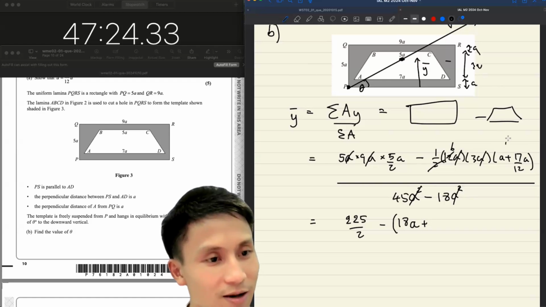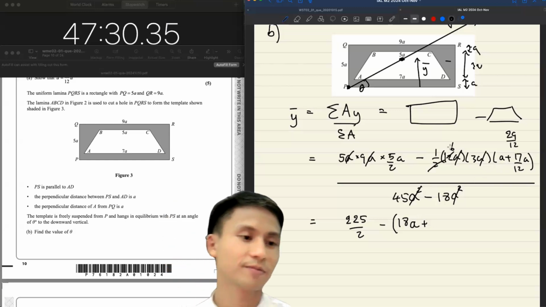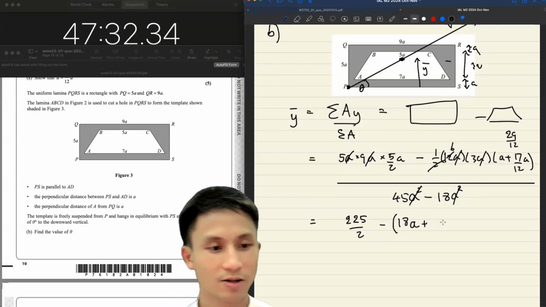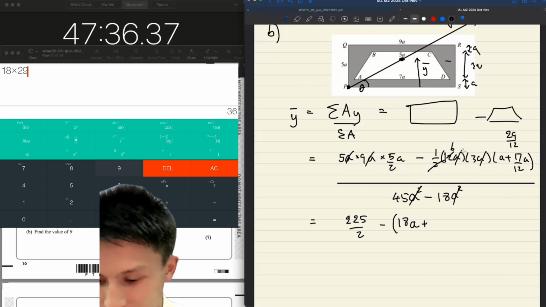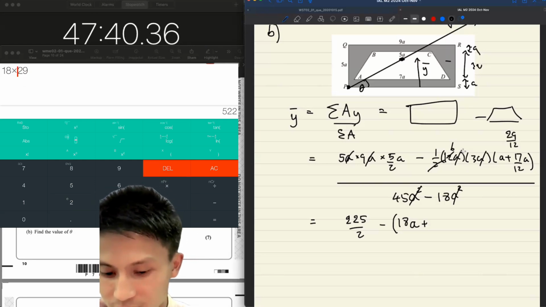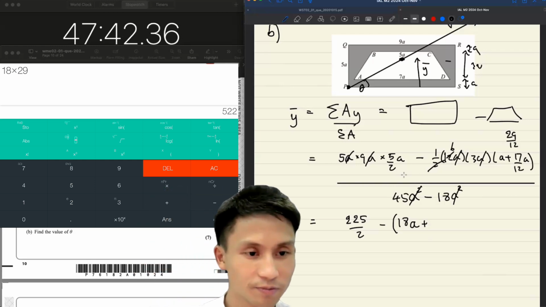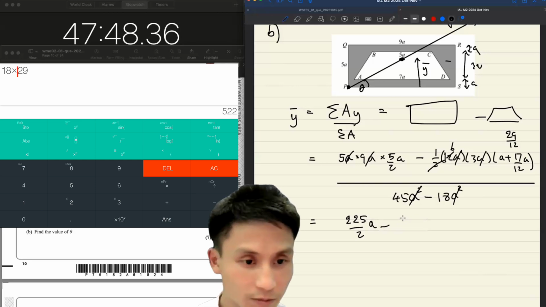So this is, altogether in the brackets, I have 29 over 12, right? So 18 times 29 over 12. 18 times 29 is 552. So this is going to be 552 over 12a.